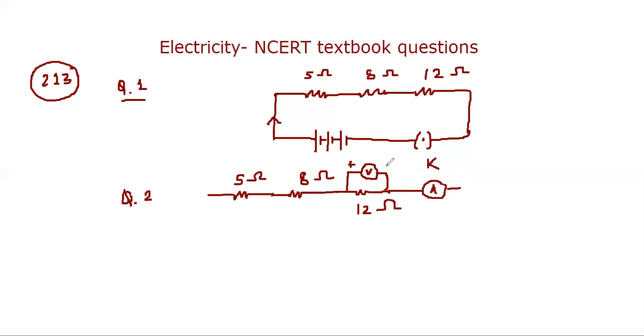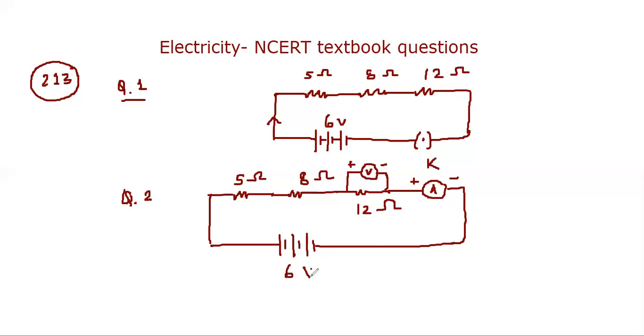Here there is plus, minus, here there is plus, minus. Then battery, so here 6 volt battery. There is key which is closed.